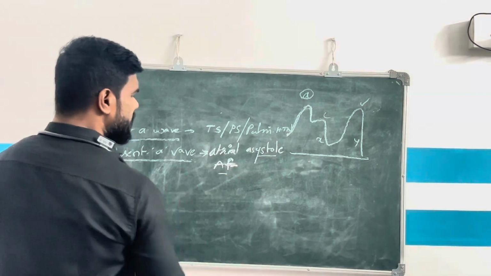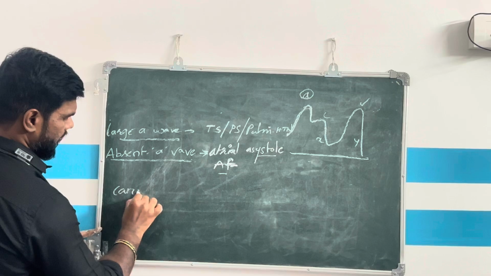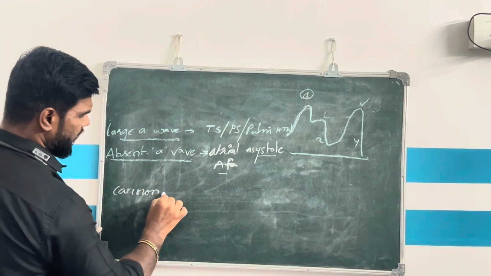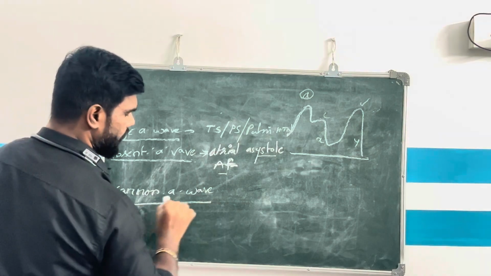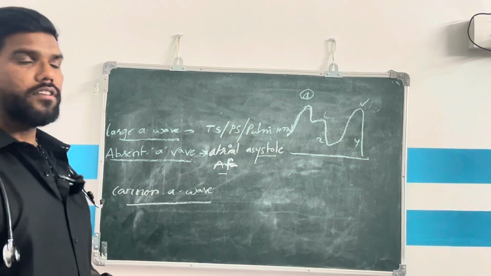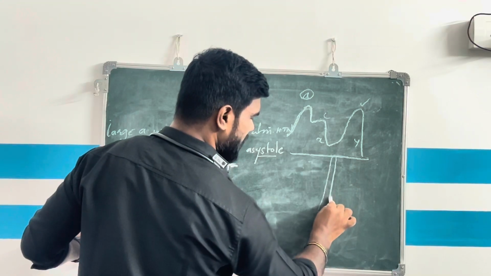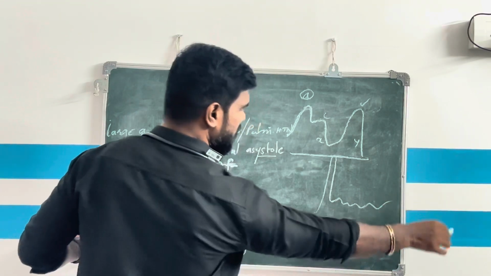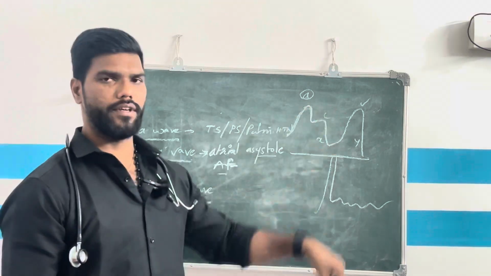And in some conditions, the cannon A wave is present. Cannon A wave means a large A wave, like a large A wave among small remaining waves. That is called a cannon A wave.